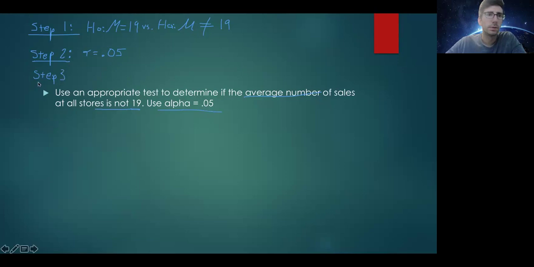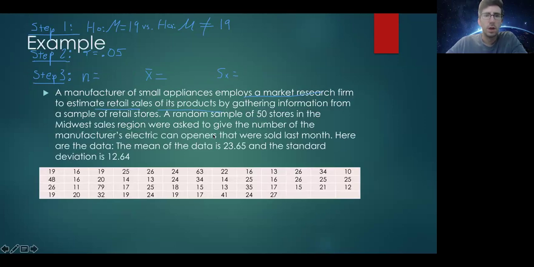In step 3, we state our statistics. When we're talking about a sample mean, we have 3 statistics. We have our sample size, our sample mean, and our sample standard deviation. These were all given to us on the last slide.